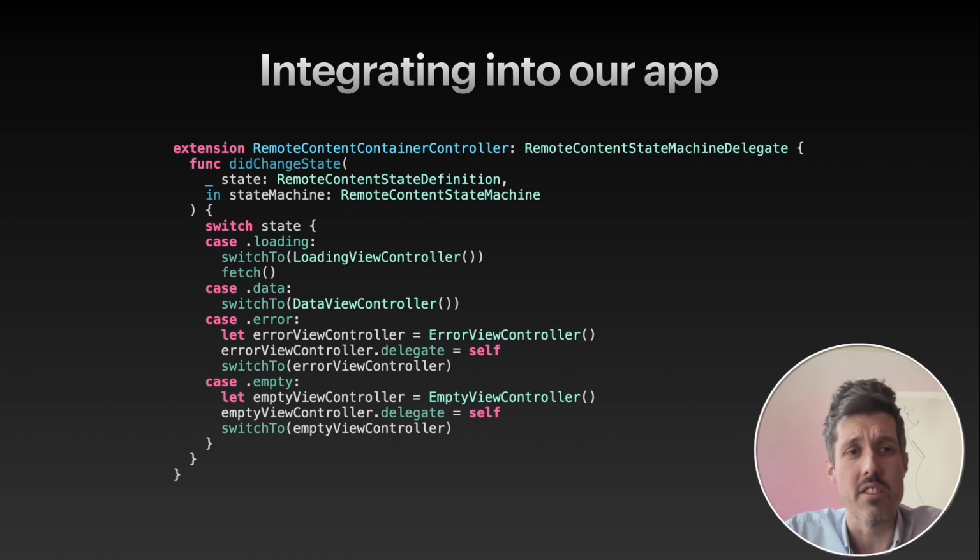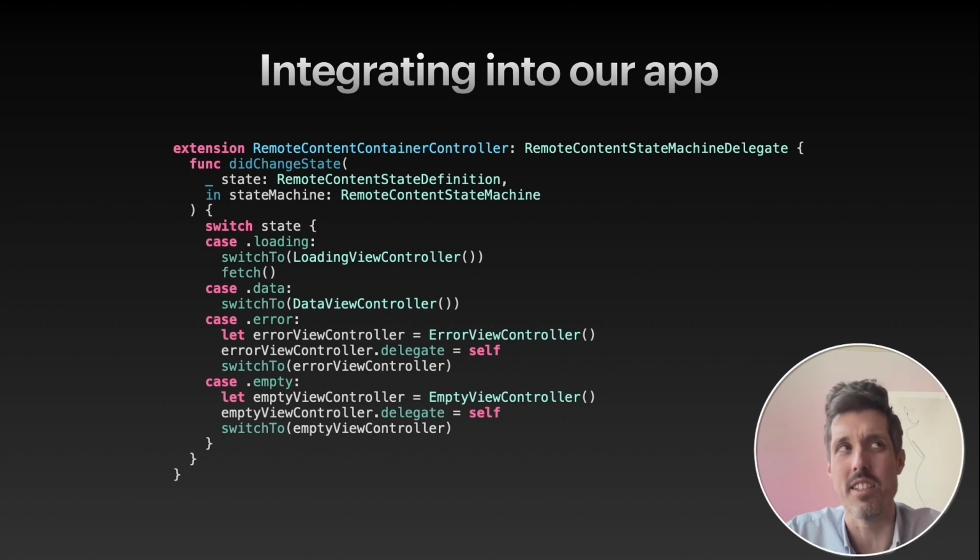All it has to do is conform to the RemoteContentStateMachineDelegate, and then when it receives a new state, we switch over it, and depending on what we get, we simply switch the view controller. This is also a good spot to trigger any side effects. For example, if we want to trigger a network request. And that's it. It makes it really simple.